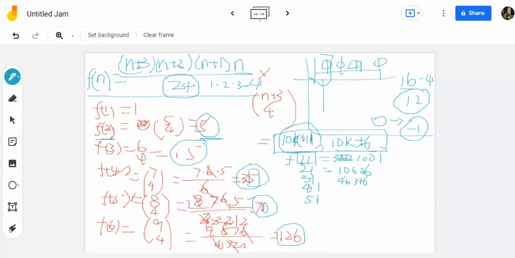So 41 will be what? 41 will be 101270. No, 41 is wrong. 41 is 41 choose 2.